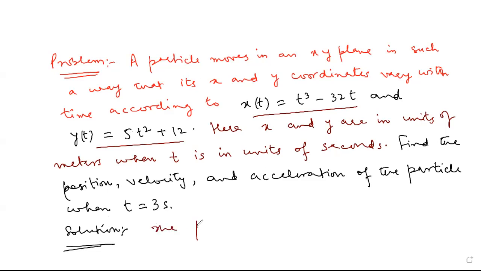The position vector for the particle is given by, now this position vector will be a function of time, and it will be x of t i cap plus y of t j cap.